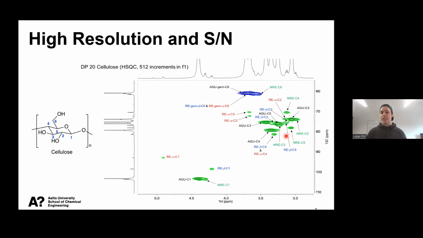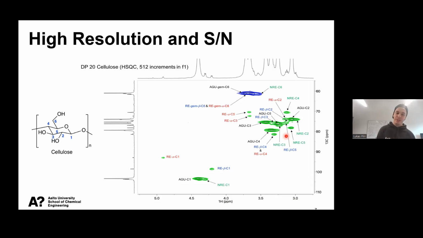As we heard before, it is rather complicated to get 2D NMR in the solid state, and in solution state that is quite easy, and you get very well resolved spectra.